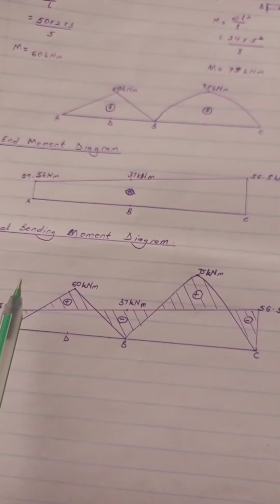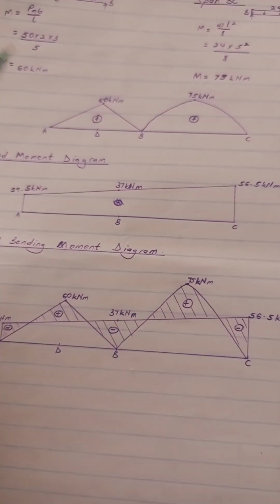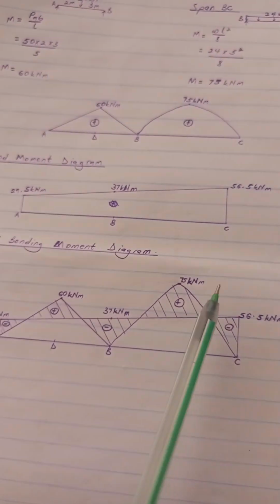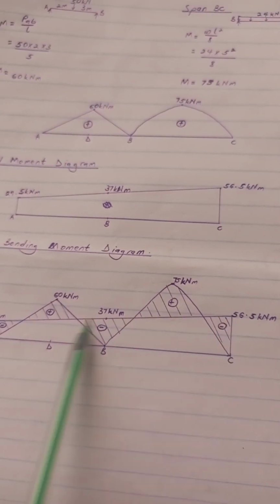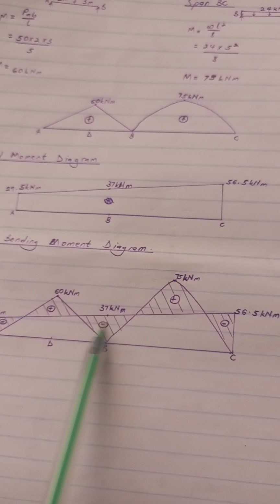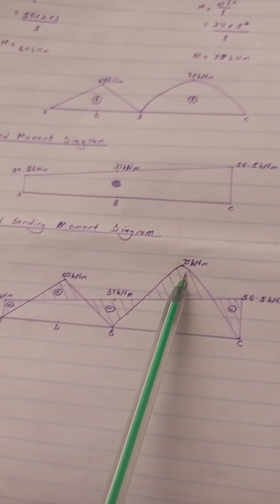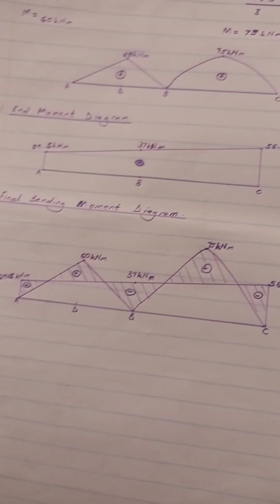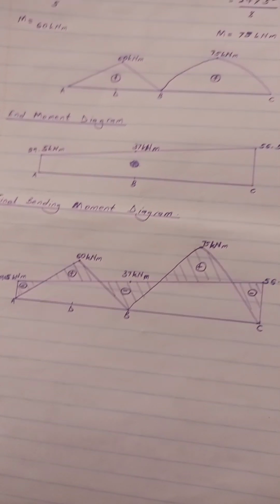When you combine them, you shade the lines that are above and mixed up like this. The shading which is below this line is represented in negative, and the ones that are above are in positive. And this is the final working for the solution.